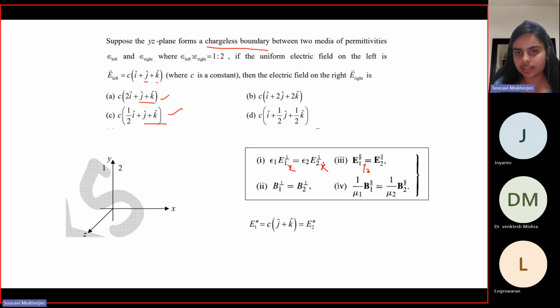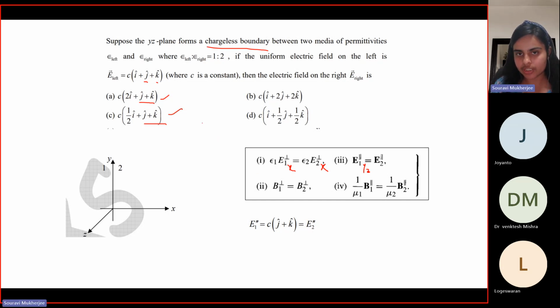Now let us use the first condition, which says that epsilon1 E1x should be equal to epsilon2 E2x. Because there is a ratio of 1:2, the ratio of the dielectric constants, epsilon1, that is 1, into E left should be equal to 2 into E right.